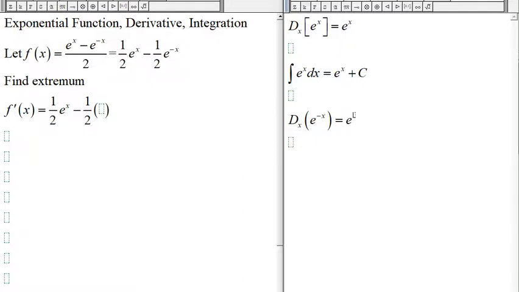So this will be e to the negative x, and then times the derivative of the negative x. And so we get e to the negative x, and the derivative of negative x is just -1. And therefore we get negative e to the negative x.